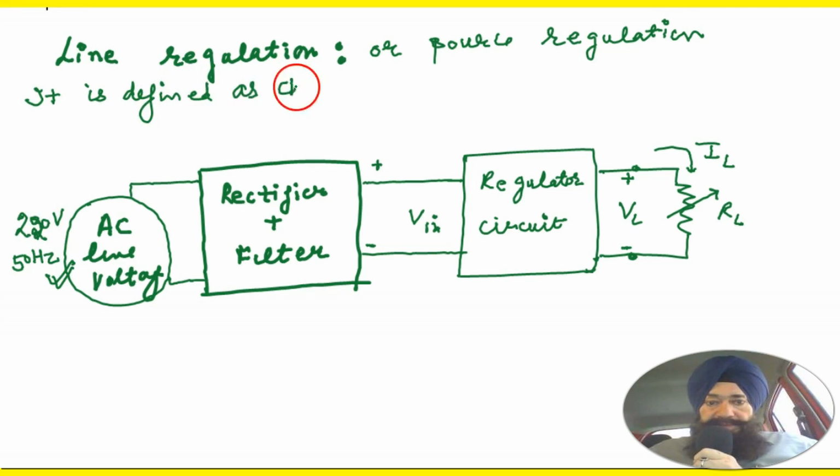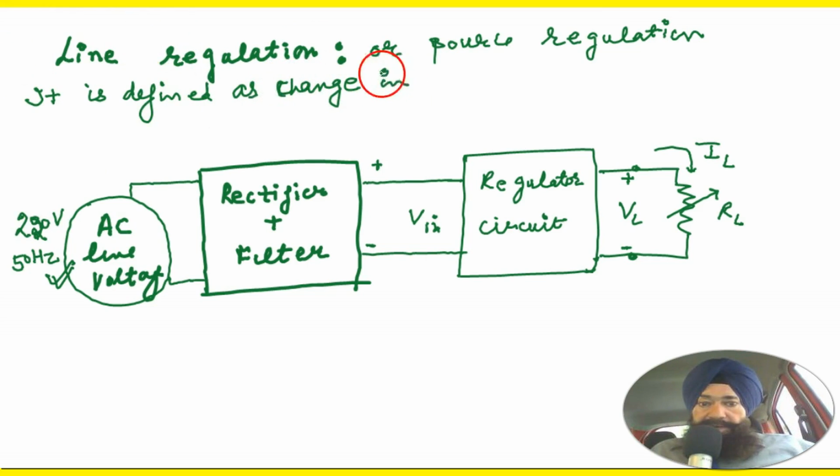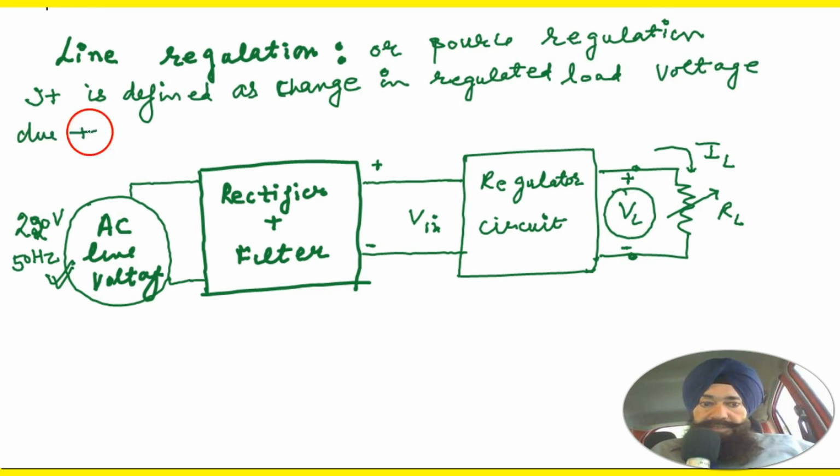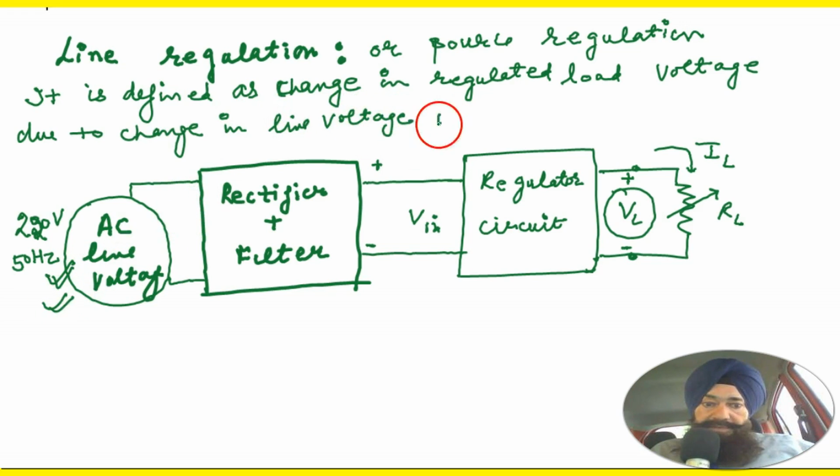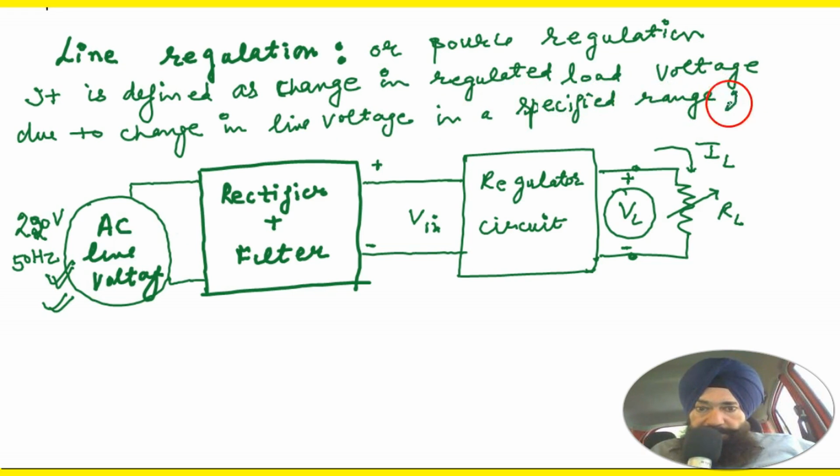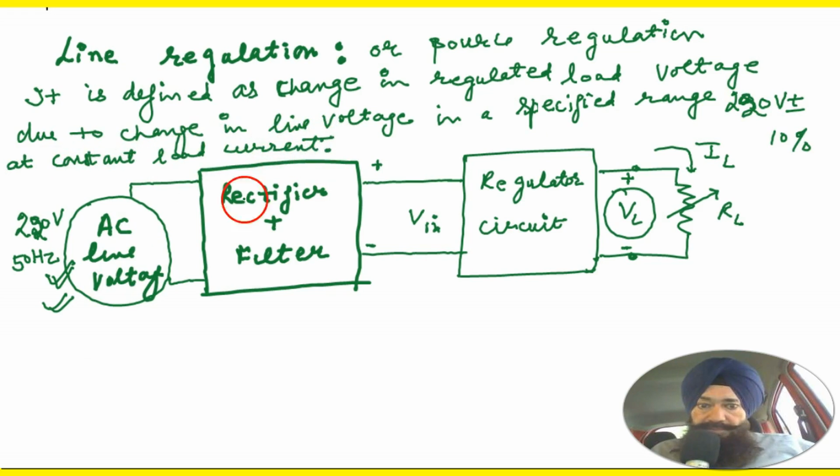It is defined as the change in the regulated load voltage, meaning output voltage, because of the change in the line or source voltage, but in a specified range, that is 220 plus minus 10%, this much change is allowed in the source voltage, at constant load current.